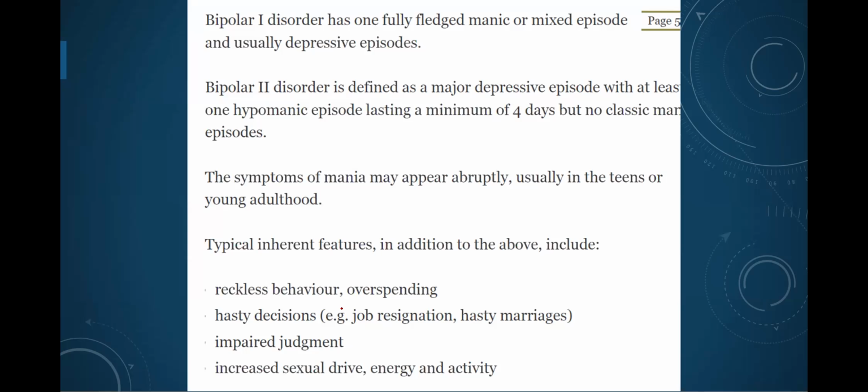If a patient doesn't have any manic episode but has hypomanic episodes and depression, then it will be bipolar 2 disorder. Management is pretty much the same for those two, but the name is different. So bipolar 1 is depression with one manic episode. Bipolar 2 is depression associated with only hypomania but no manic history.